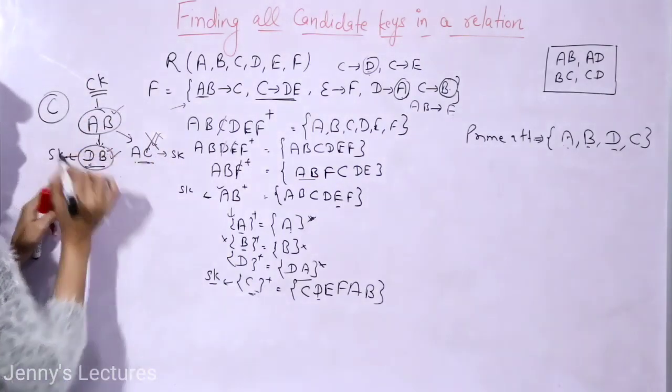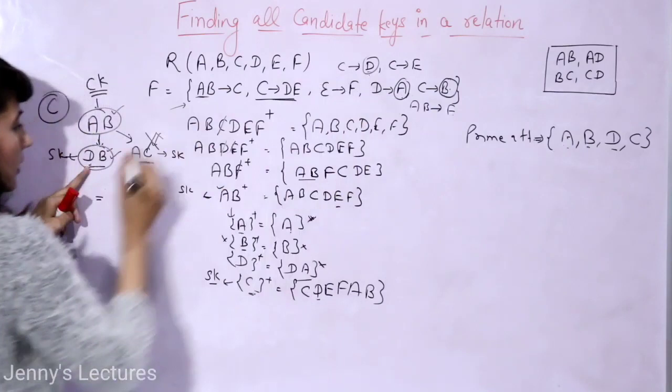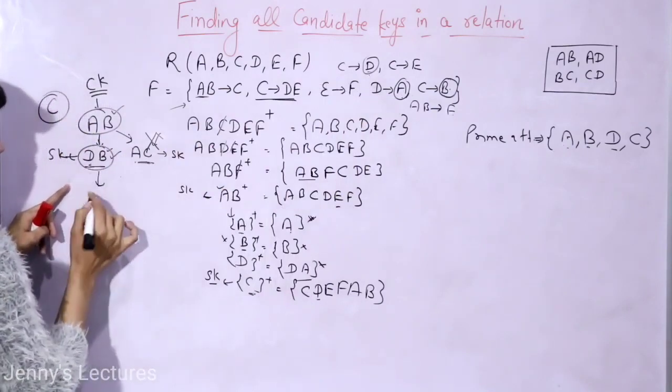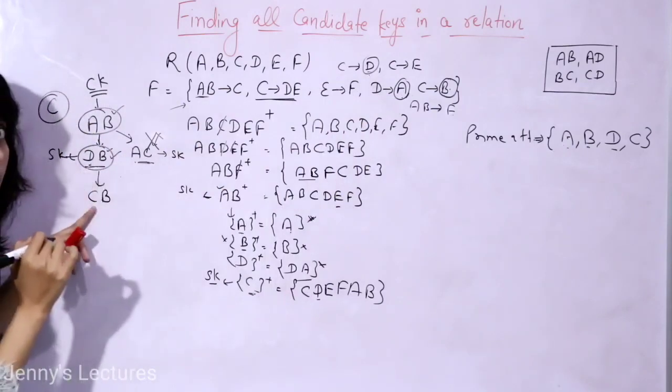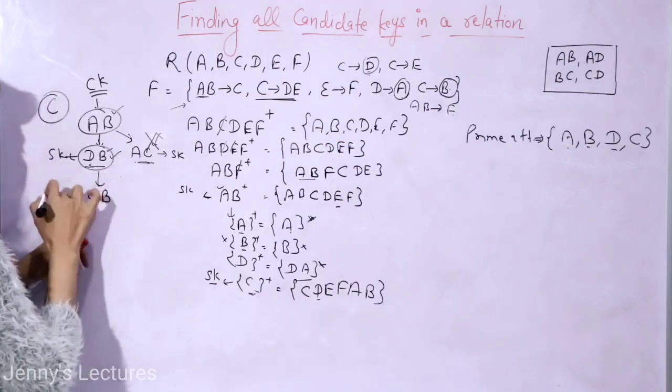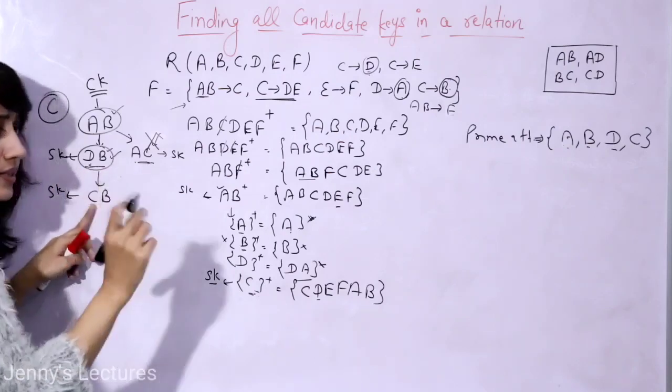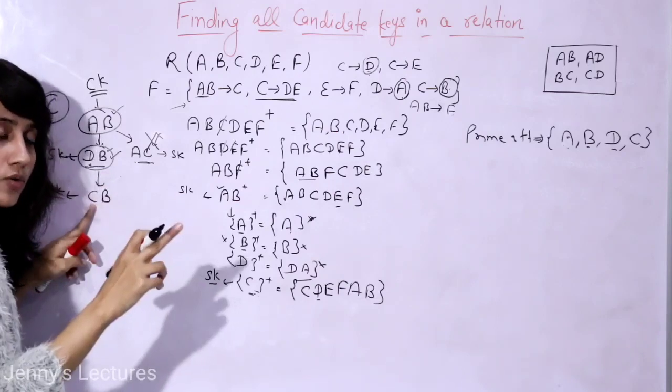In place of D I can replace C, so here C, B. After replacing, this is definitely a super key, but we cannot say that it is a candidate key. You need to check it out.